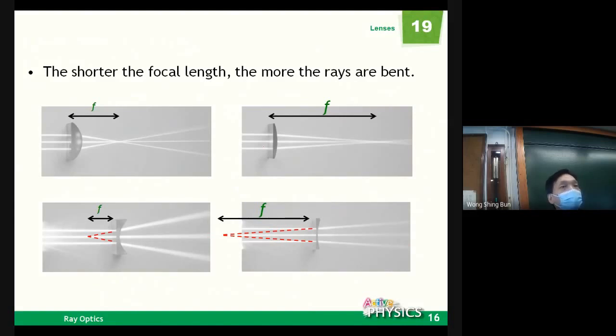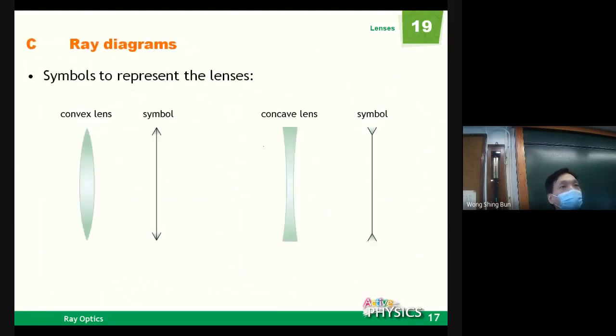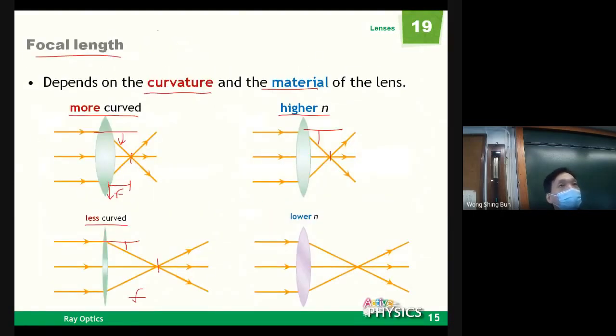The shorter the focal length, the more the light is bent. You can apply it both on concave and convex lenses. And also go back to here. What is the final result? Greater curvature. It means that this one, shorter F.